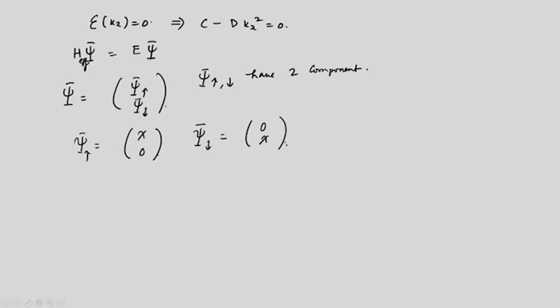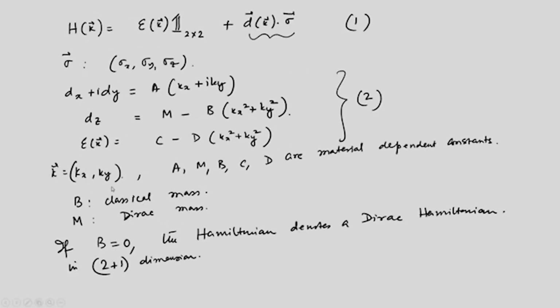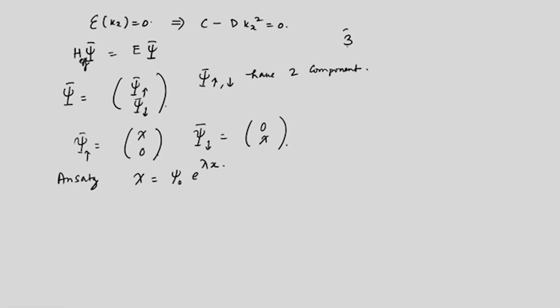Let us make an ansatz to solve. This ansatz says that chi is equal to some psi 0, which is some amplitude, times exponential lambda x. Let us call the Schrodinger equation equation 3 and this ansatz 4.